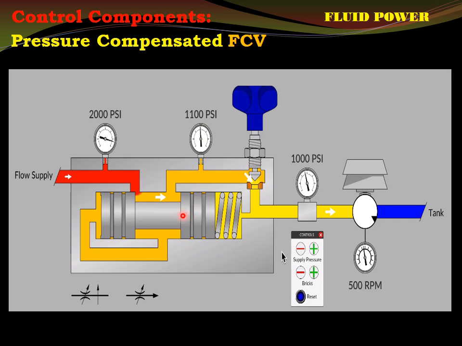As this compensator spool moves towards left, you see here this opening can increase. As the compensator moves towards right, this opening can decrease. Meaning when it decreases, flow through it will decrease. As it moves towards left, this opening increases, flow through it will increase.